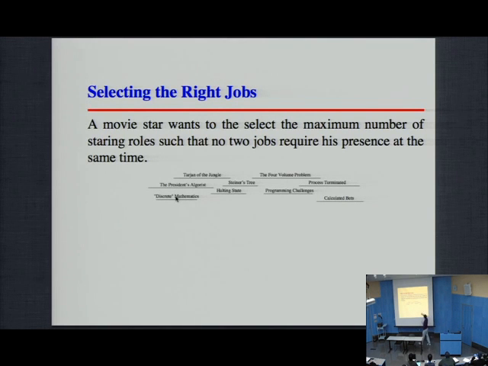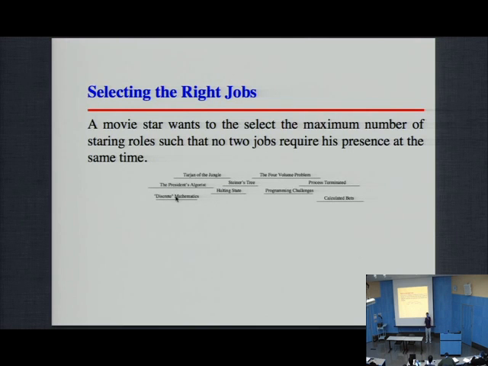Find which movie intersects the fewest number of other movies, and use that one, because that way you're blocking the fewest number of other jobs, right?